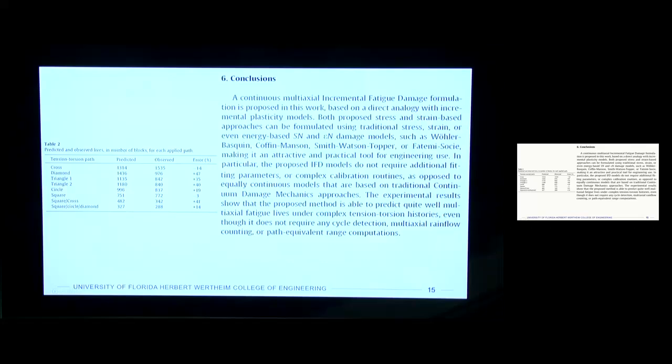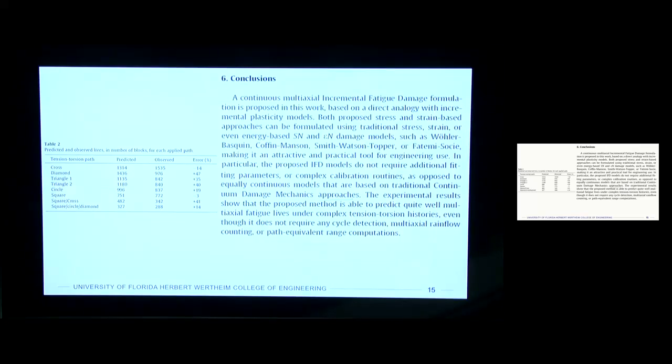Both proposed stress and strain-based approaches can be formulated using traditional stress-strain or other damage models, and then they give a few names, making it an attractive and practical tool. In particular, it does not require additional fitting parameters or complex calibration routines, as opposed to equally continuous models that are based on traditional continuum damage mechanics approaches. That's what they called questionable in the introduction.